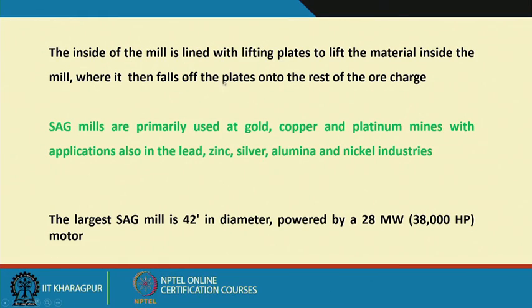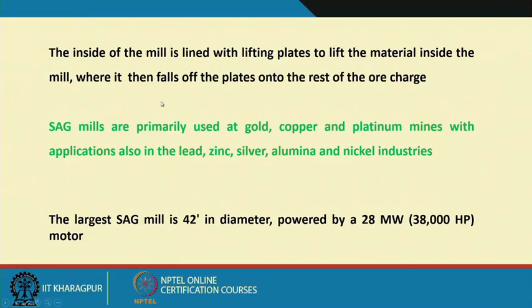The inside of the mill is lined with lifting plates. Why do you need the lifting plates? Because I need to lift my material, otherwise the different materials may deviate from their circular trajectory and start falling back.